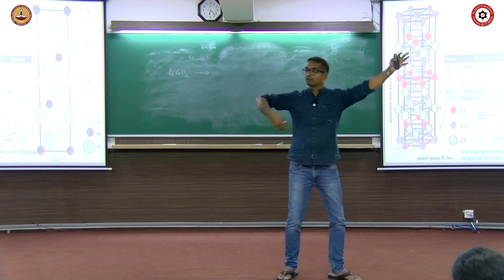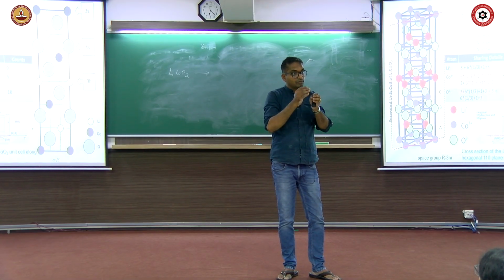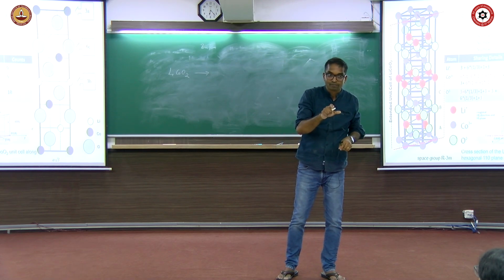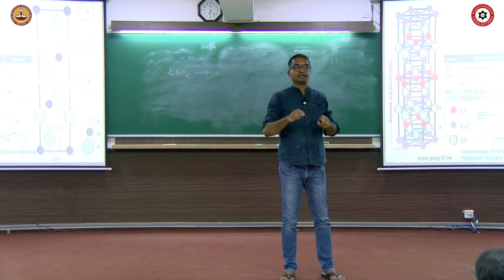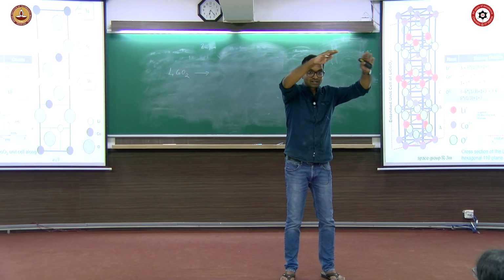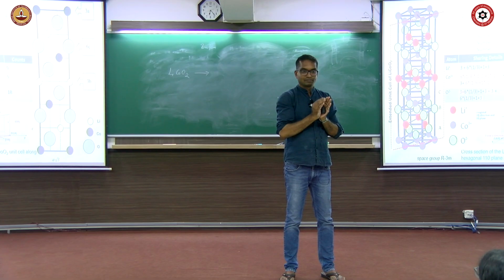In all directions it will look same. Whereas in case of methane, if you make a solid, within the methane C and H has a covalent bond. Between the methane it is van der Waals force. So you can distinguish. Whenever van der Waals force comes, I can draw a boundary and say this is a molecule.